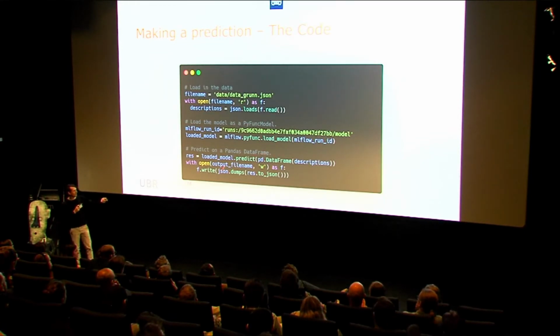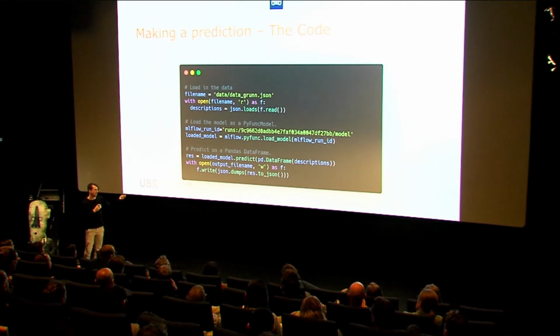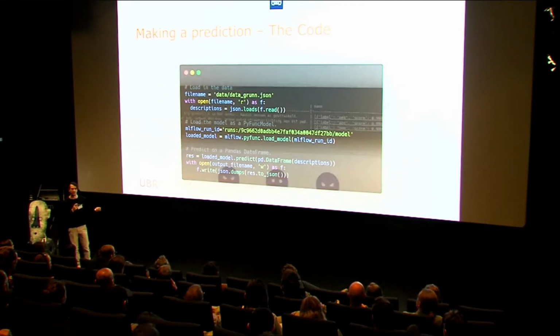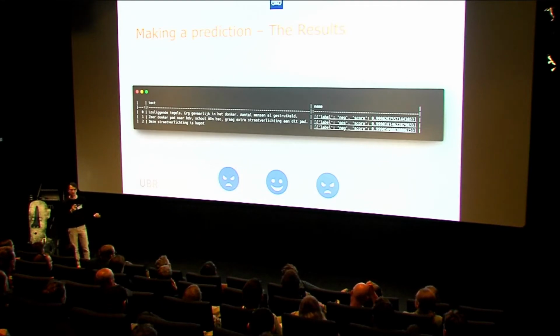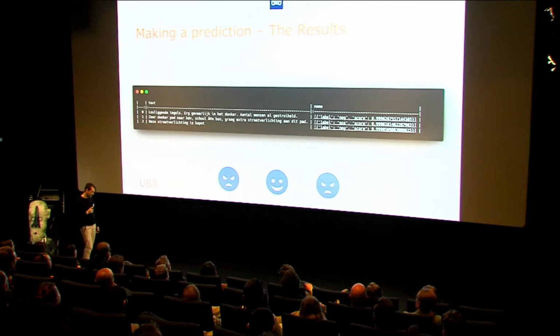So this .predict is going to call the predict function of the wrapper that we made before. And some simple writing back to JSON, but now I'm going to show you 3 results specifically for this model. Although it's a little bit of a complaint database.